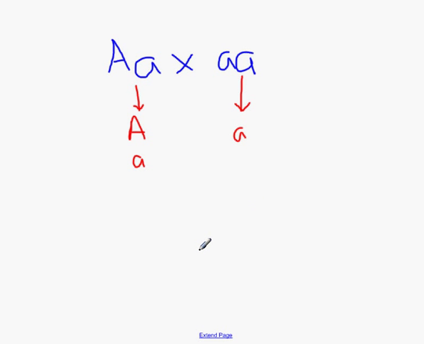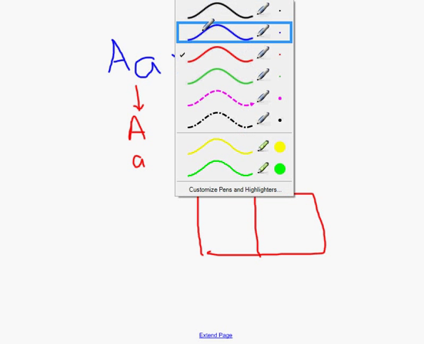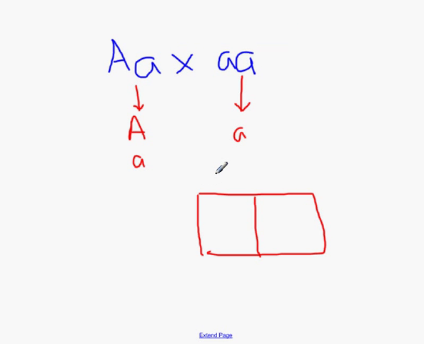So let's make a Punnett square that shows this now. What would be the size of this Punnett square? Well, from the one guy, you have 2 possibilities, but from the other guy, you only have 1 possibility. So let's draw this guy. This guy could be big A, little a, but from this guy, you could only get little a.